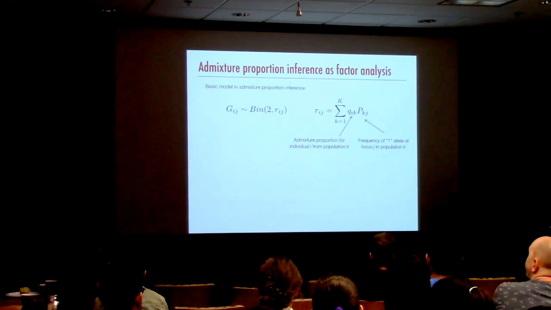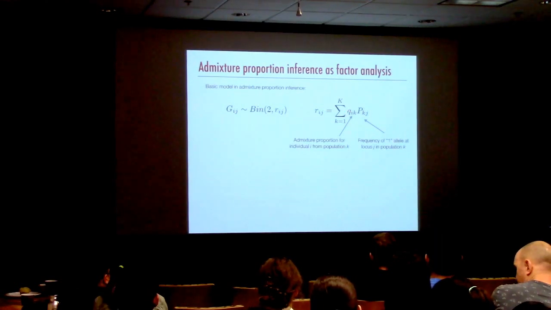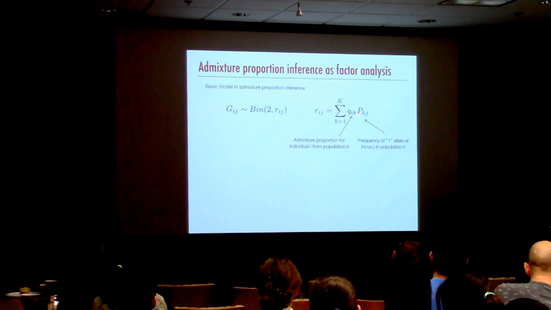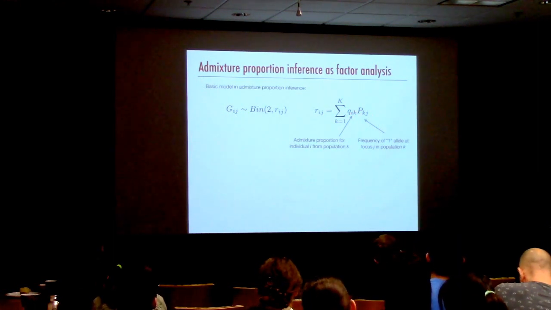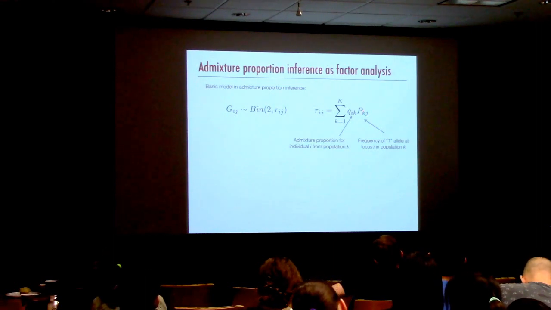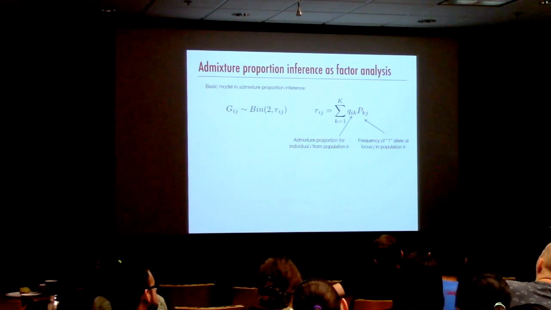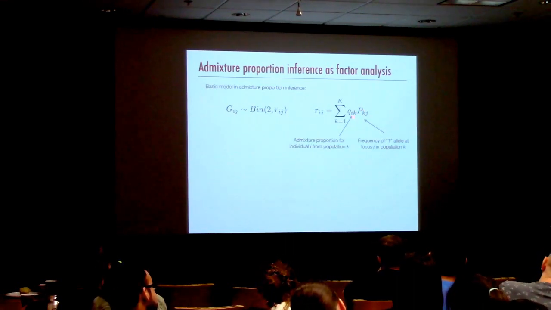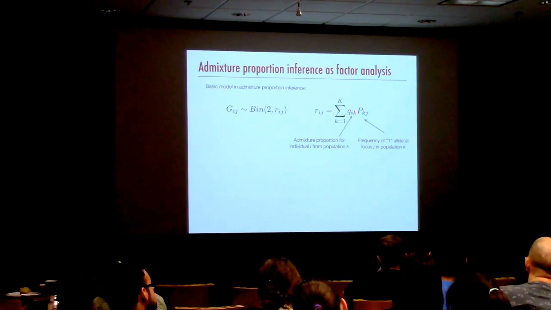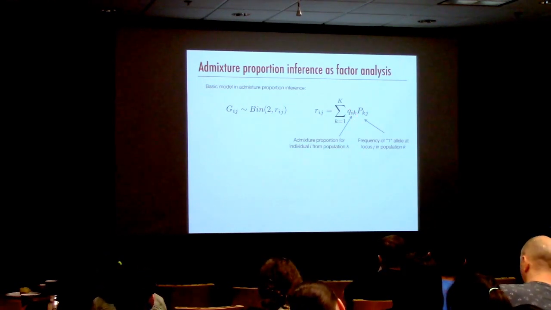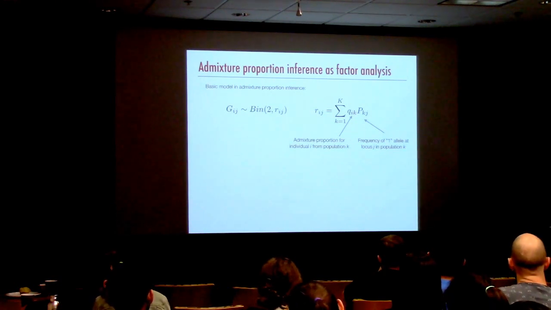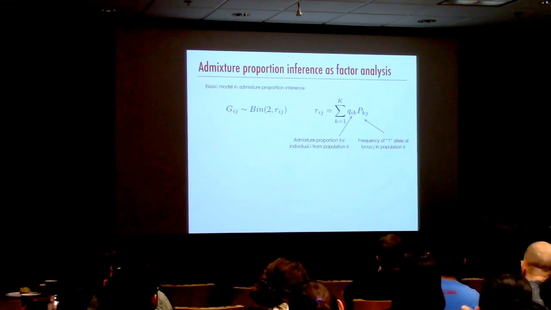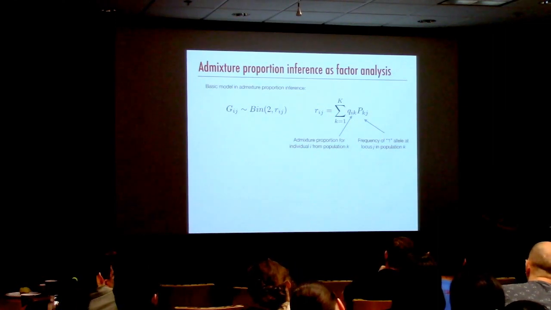That success probability is given by a sum over populations of the allele frequency at the jth locus in the kth population, weighted by how much that particular individual i has ancestry from that population k. Q is constant for that individual, for all loci.